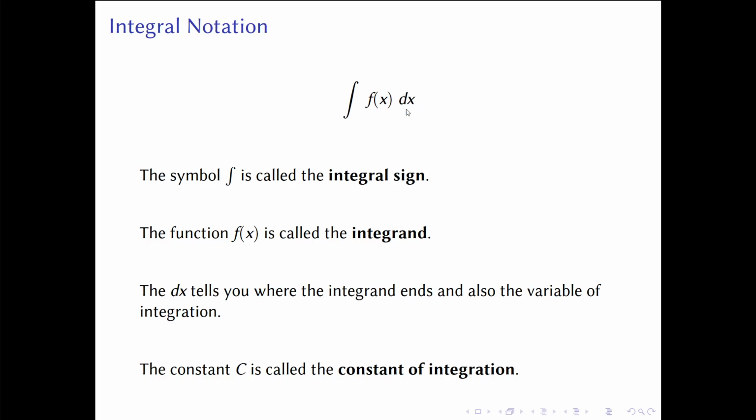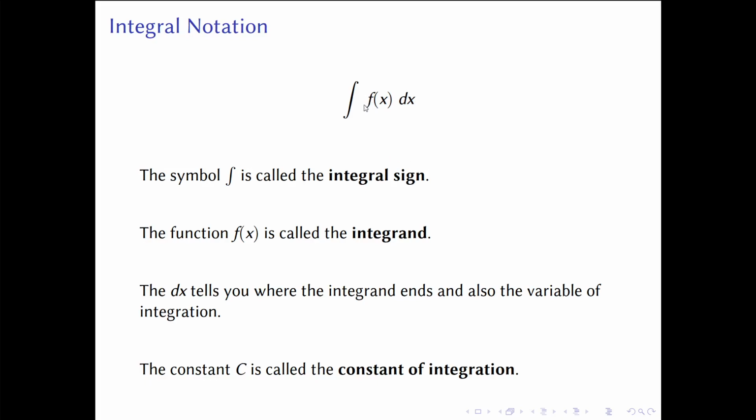So it becomes more important in that class because you'll know, okay, I'm integrating with respect to x, or if it was dy, then the integration is with respect to y, or dz, the integration is with respect to z. So we won't really see that in here, but that's another reason why it has this variable here.